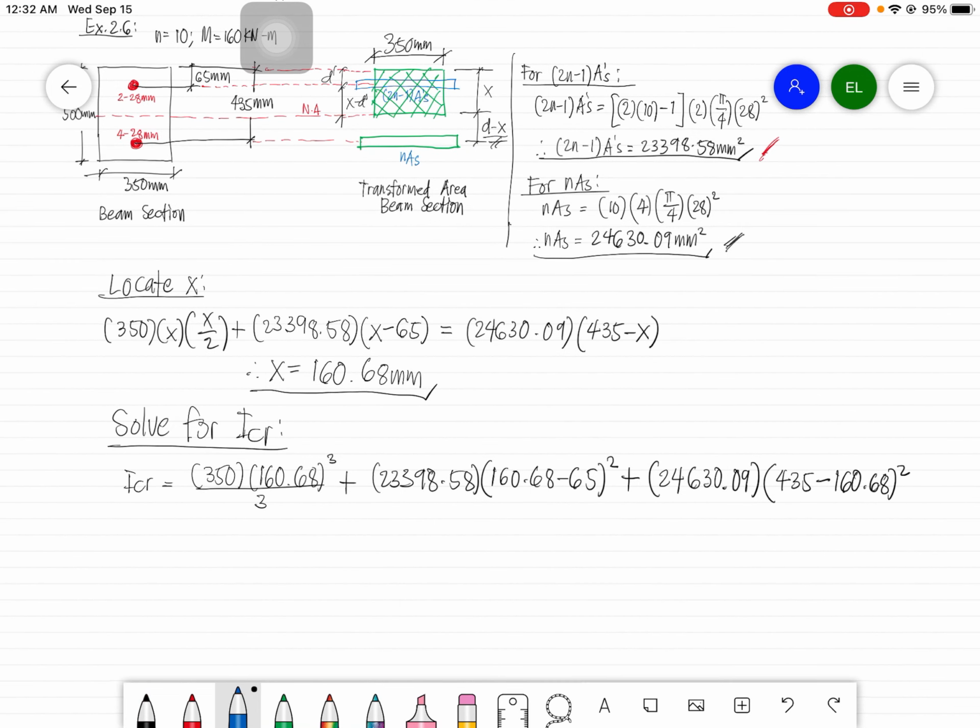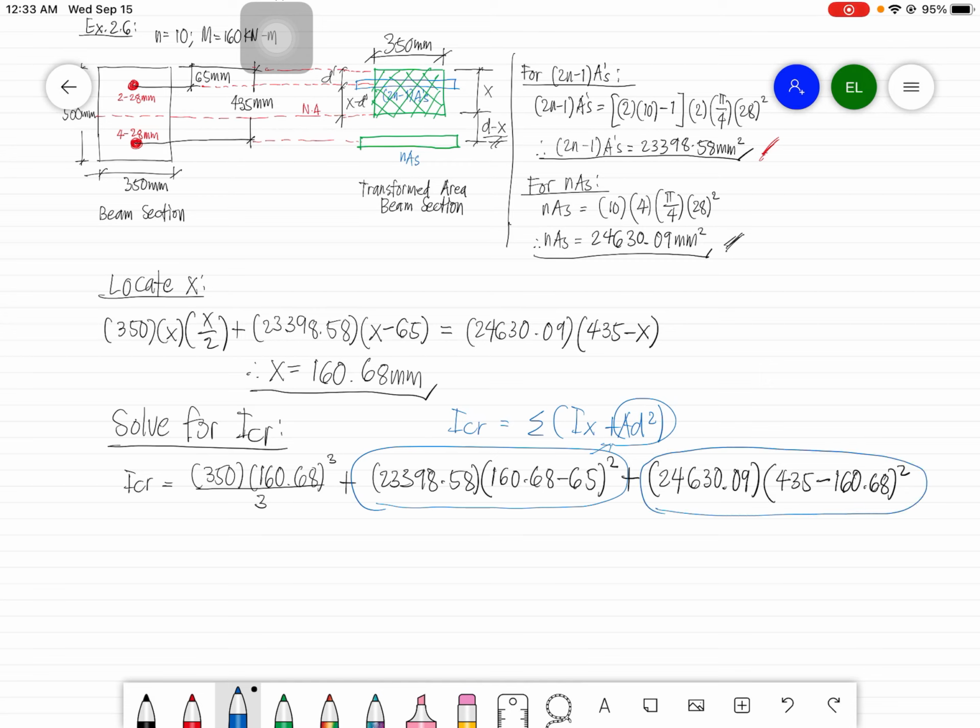So again, recall the formula that I mentioned last time about ICR, that is the summation of IX plus AD squared. This is applicable for the concrete on the compression part, and this is area D squared, because it doesn't have any IX.